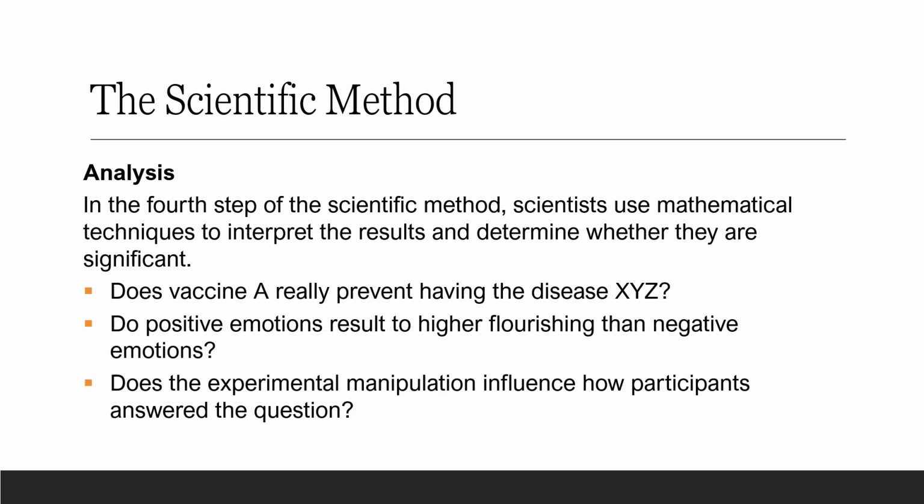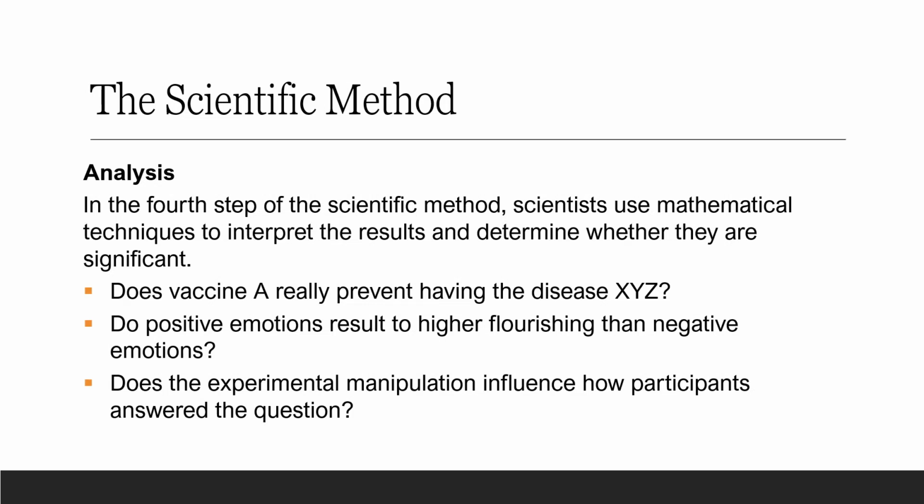Next, do positive emotions result in higher flourishing? Flourishing means psychological growth, psychological development, okay? Compared to negative emotions. So you will use comparative statistics to look at the differences between those who experience positive emotions and those who experience negative emotions. There should be a difference between the two.